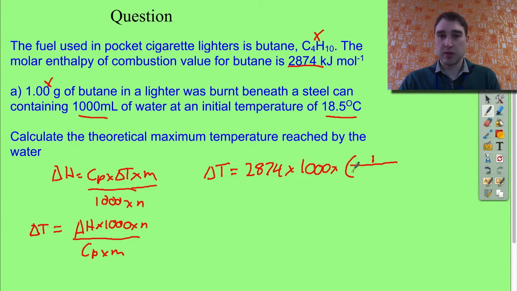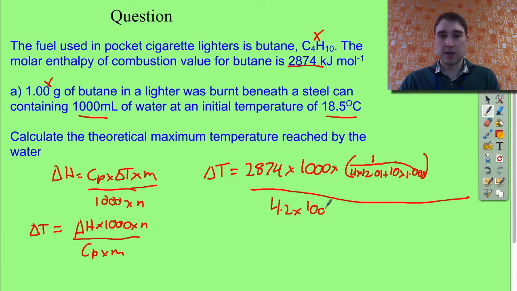Our formula, so 4 times 12.01 plus 10 times 1.008. Close that off. And that's divided by our specific heat, so 4.2 times the mass, which is 1,000. So 1,000 mL is 1,000 grams. Since there's 1,000 on top and 1,000 on the bottom, we can cancel those two out.